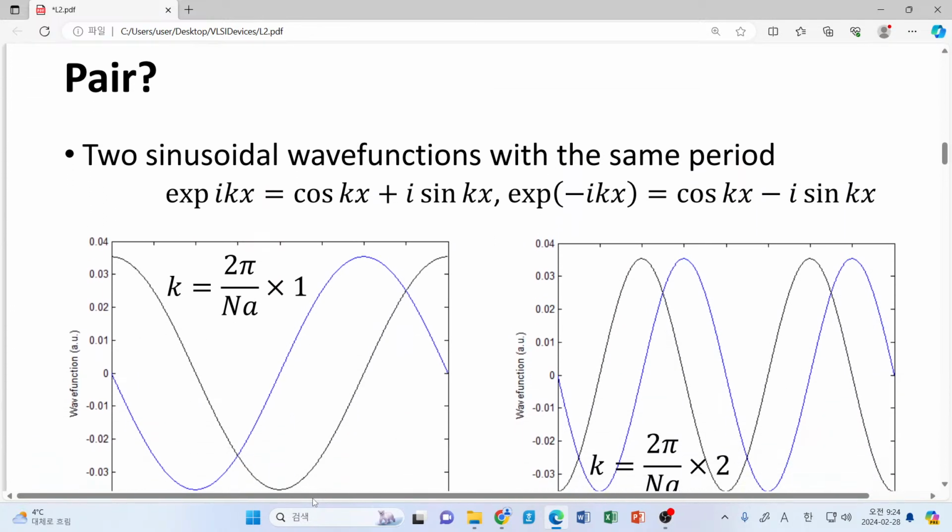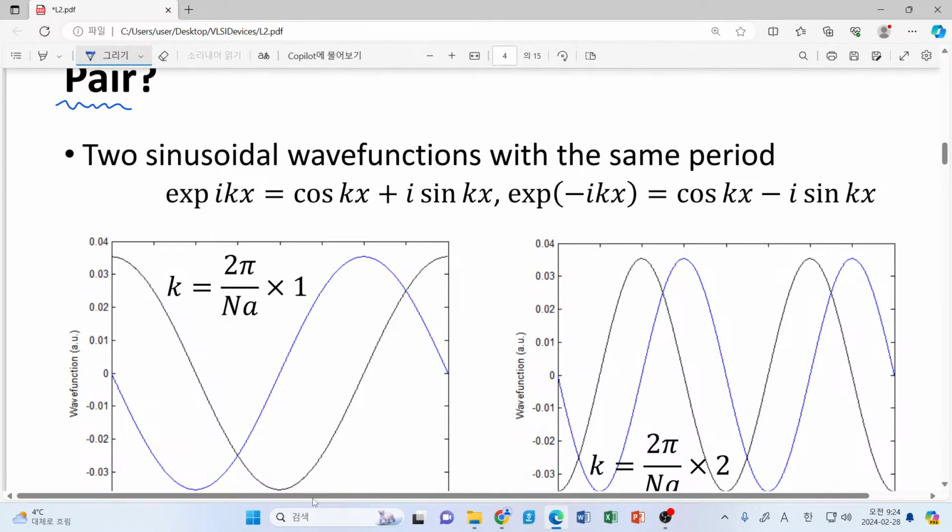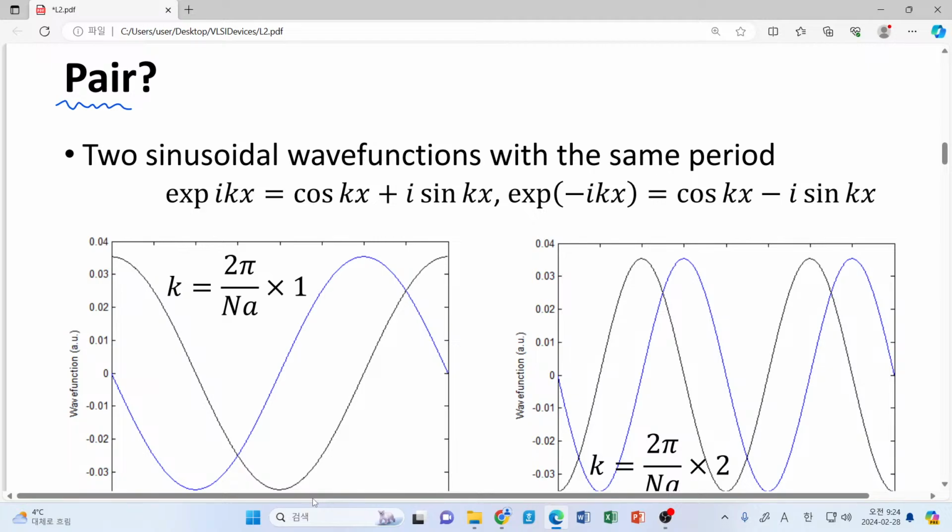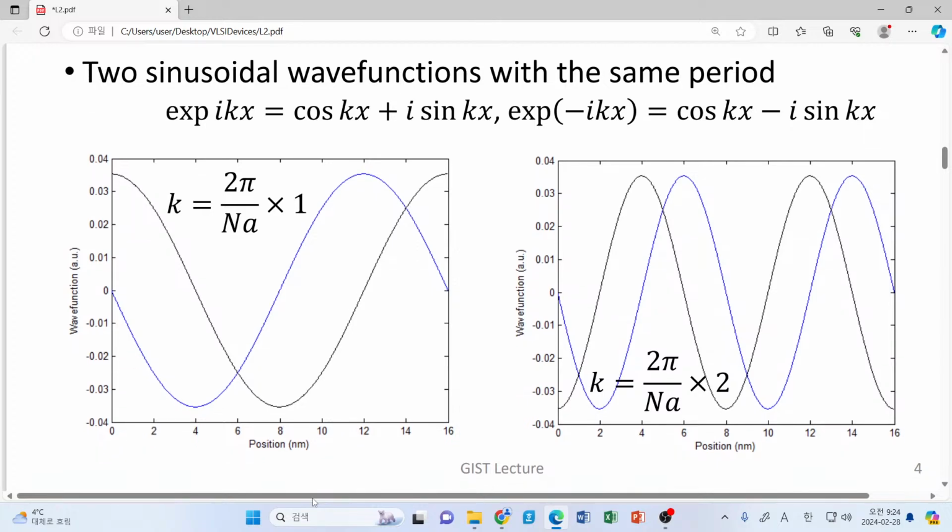So now we are ready to go to the next one. Before going to the periodic potential case, let me explain a little bit more about the existence of a pair. Why do we have two different states for a given energy? When I draw one pair and another pair, the wave function is shown here. For example, this is index 2 and this is index 3, and this blue one is index 4 and this one is index 5.